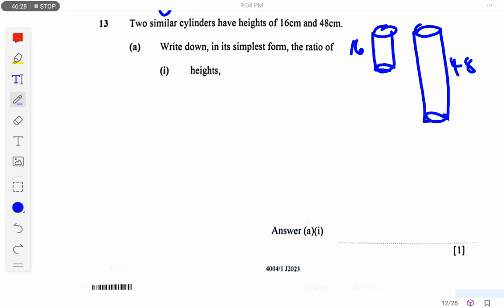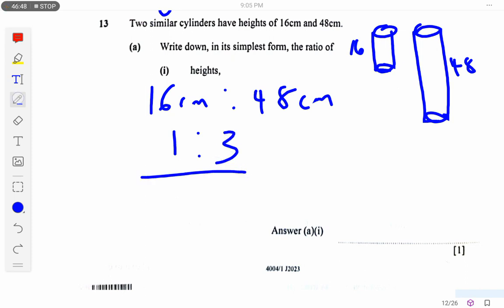They are saying write down in its simplest form the ratio of heights. So we have 16 centimeters as to 48 centimeters. We can divide 16 into 16, that's 1, as to 16 into 48, that's 3. So our ratio is 1 as to 3.